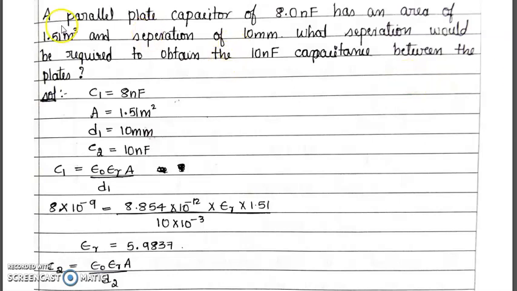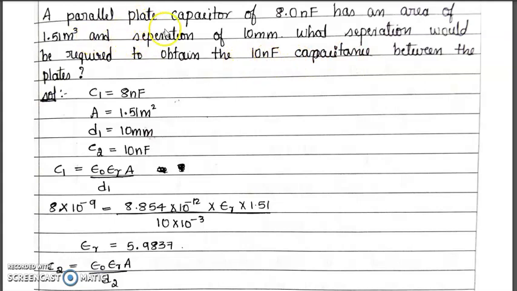Consider a problem. A parallel plate capacitor of 8 nanofarad has an area of 1.51 meter square and a separation of 10 millimeter. What separation would be required to obtain 10 nanofarad capacitance between the plates?